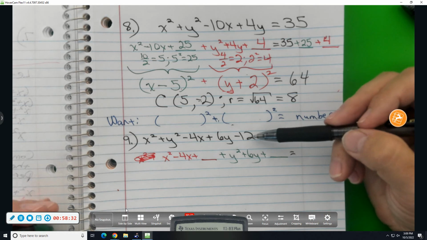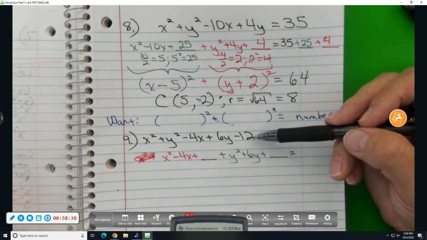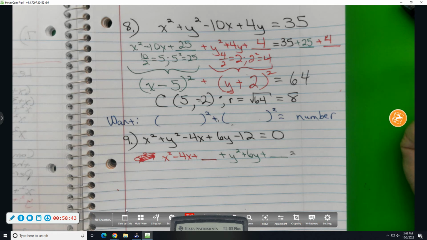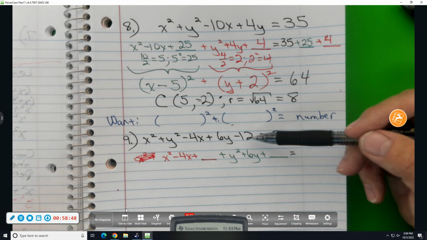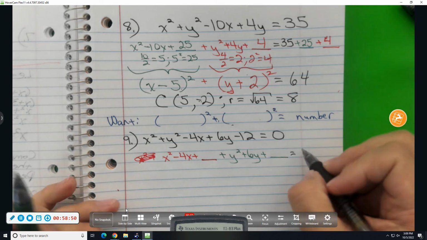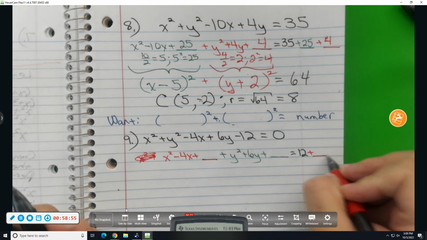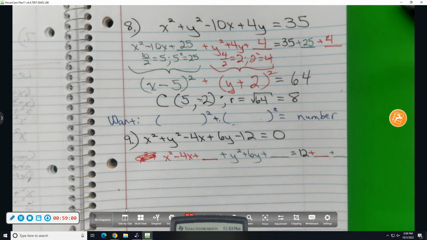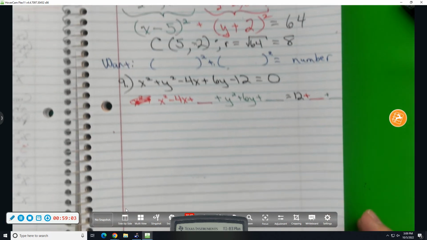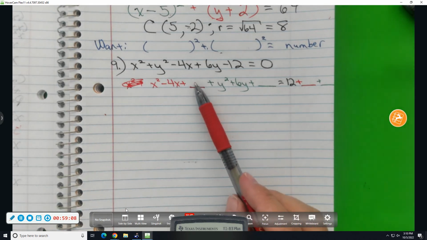What are we going to have to do with this constant term here? Where do we want the numbers? Up here it already started where we wanted it, on the right side. So what do we have to do with that minus 12? Add 12, I agree. And we still have a plus red blank and a plus green blank. What's going to go in the red blank?